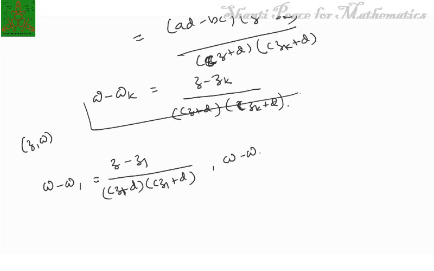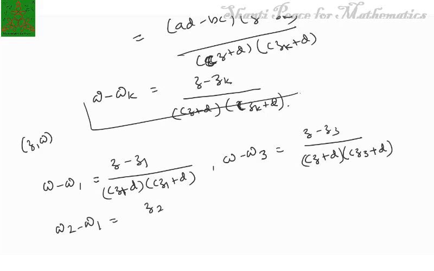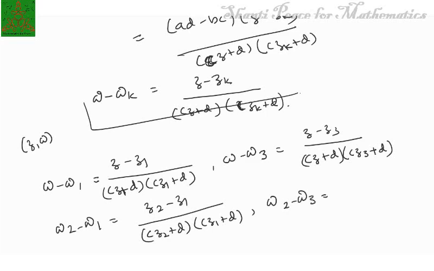W minus W3, we can write down (Z minus Z3) upon (Cz + D) into (Cz3 + D). W2 minus W1 we can also write as (Z2 minus Z1) upon (Cz2 + D) into (Cz1 + D). W2 minus W3 we can write down (Z2 minus Z3) upon (Cz2 + D) into (Cz3 + D).